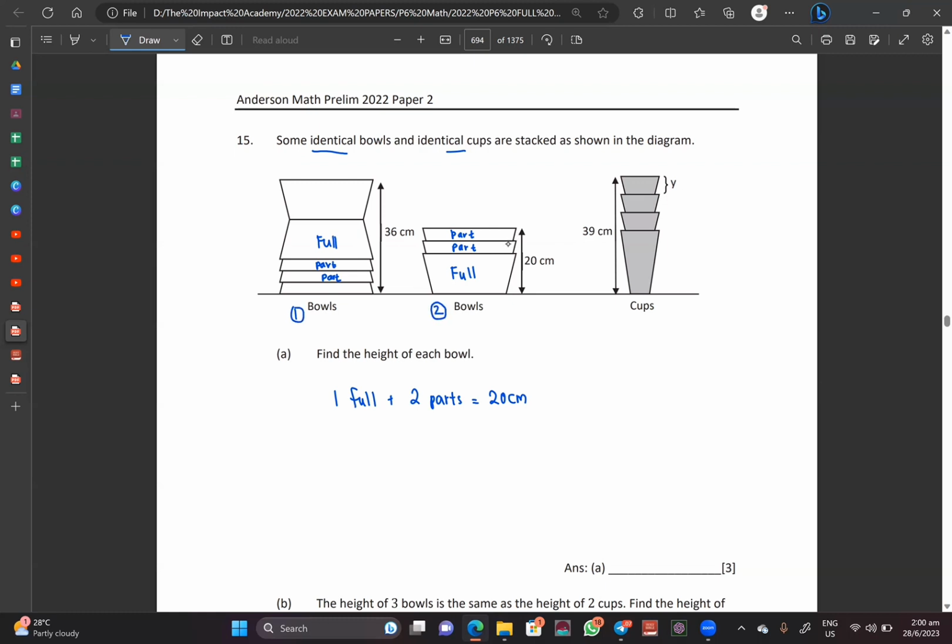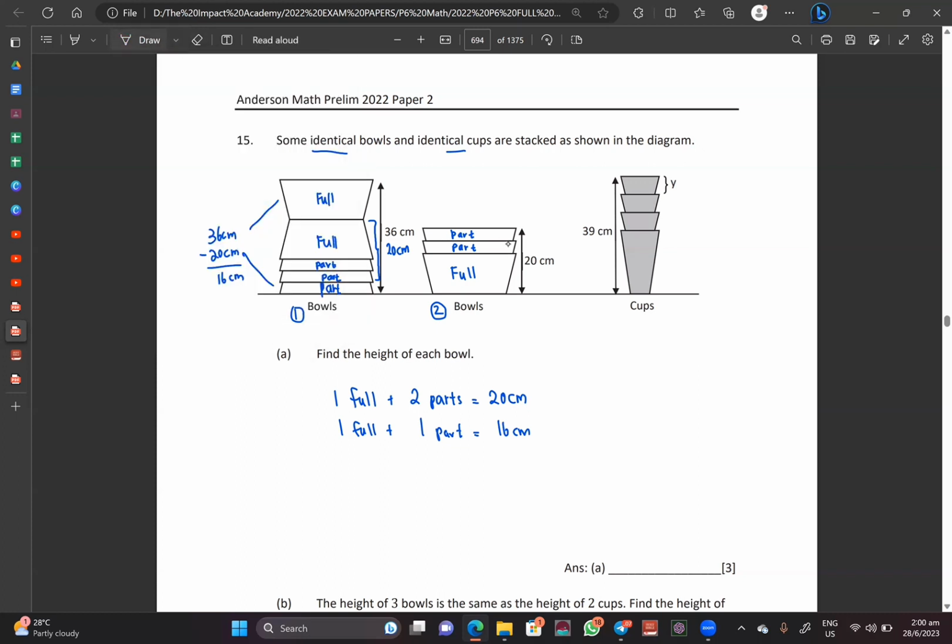When I know that from here all the way to here it is 20 cm, I can confidently say that this full and one part is simply 36 centimeters minus 20 centimeters, and I'll get 16 centimeters. So one full plus one part equals 16 centimeters.